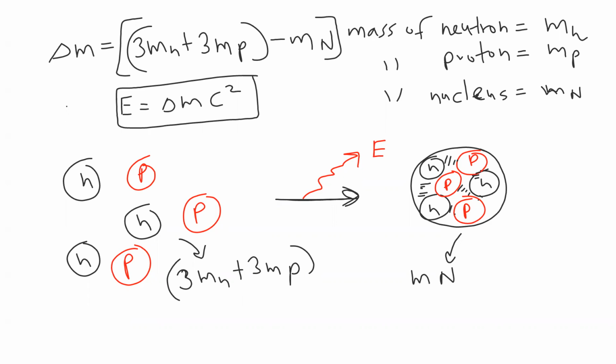And this is called nuclear binding energy. The higher the energy it can give out, the higher the stability of the nucleus. Okay. That's the story. You can take down.